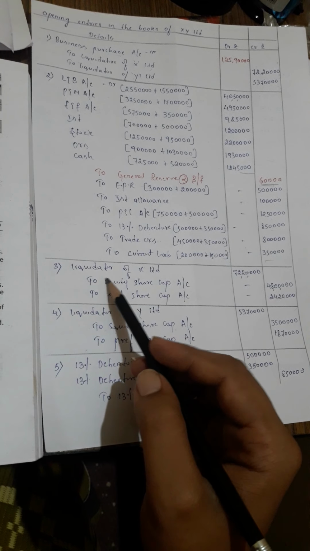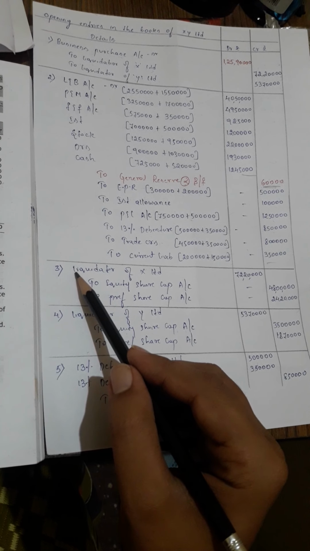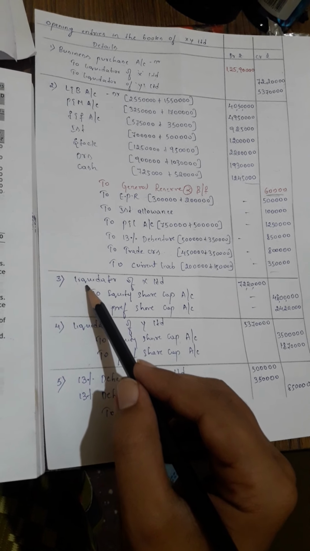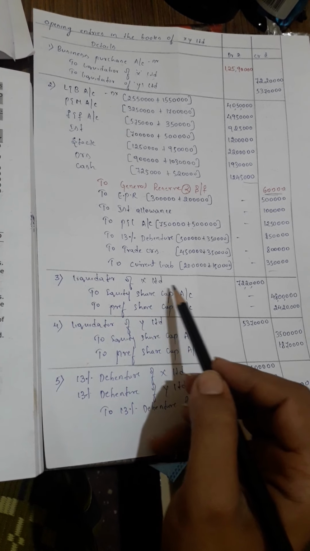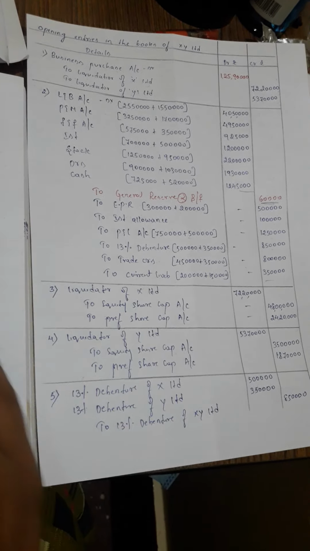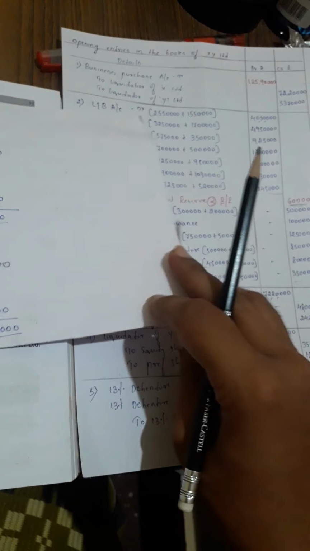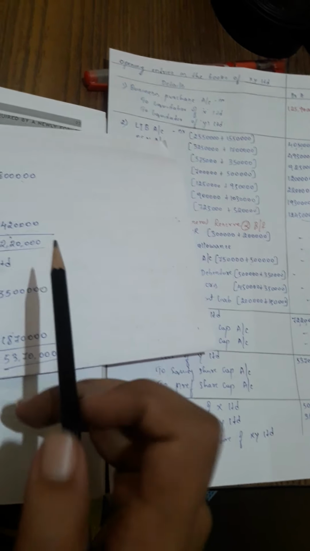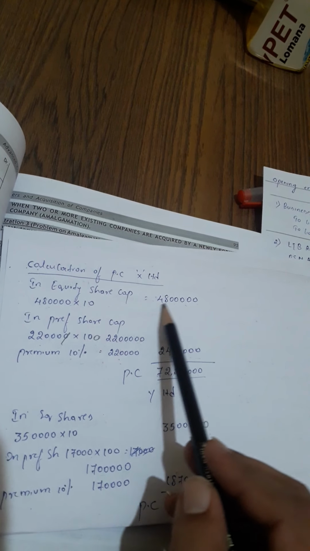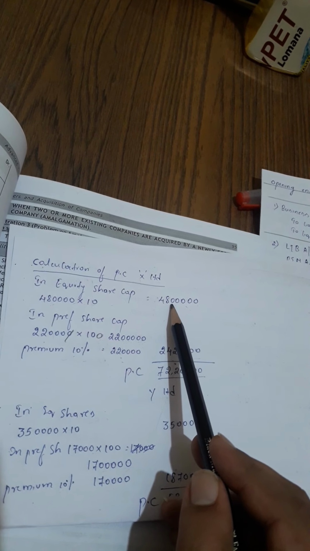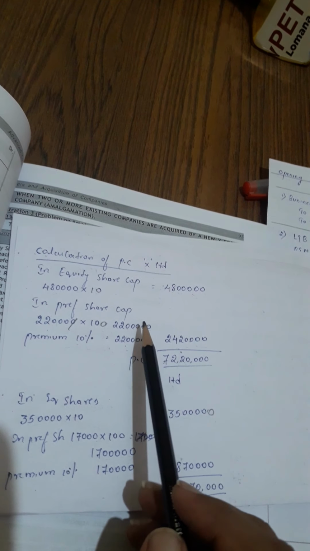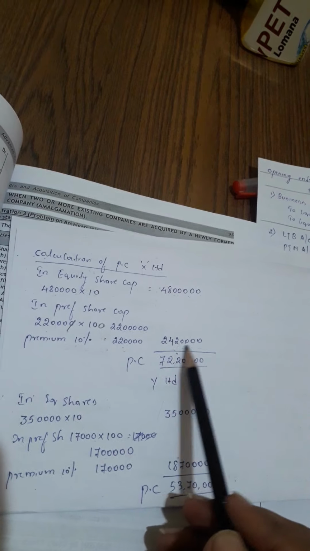Third journal entry for purchase consideration due. Here two companies were liquidating. Liquidator of X Limited account debit. For liquidator of X Limited, we were making payment in terms of two shares, that is, in terms of equity shares 48 lakh, whereas in terms of preference shares 24 lakh 20,000.